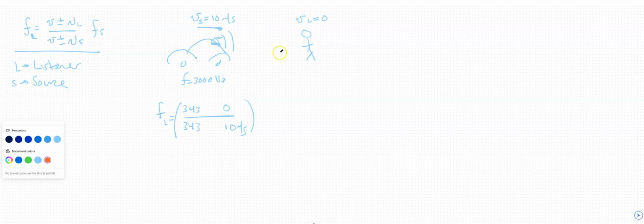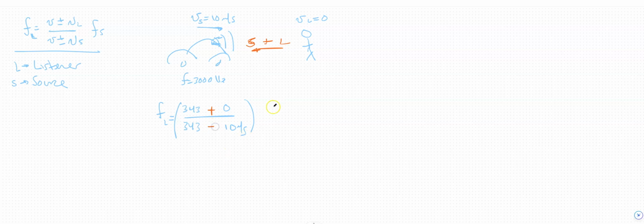What you do is you draw an arrow from the listener towards the source, and this determines your positive direction. So with respect to this reference, always listener to source, always listener to source, you see VL doesn't matter because it's not moving, but VS is negative.